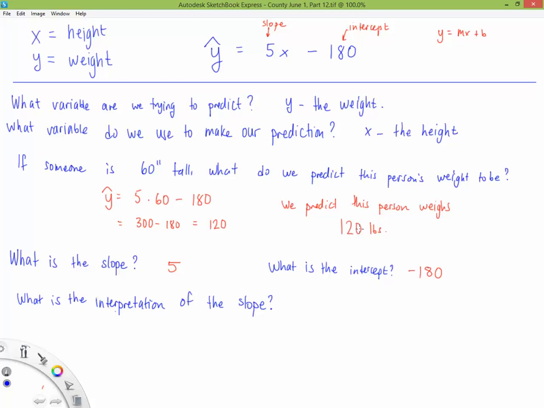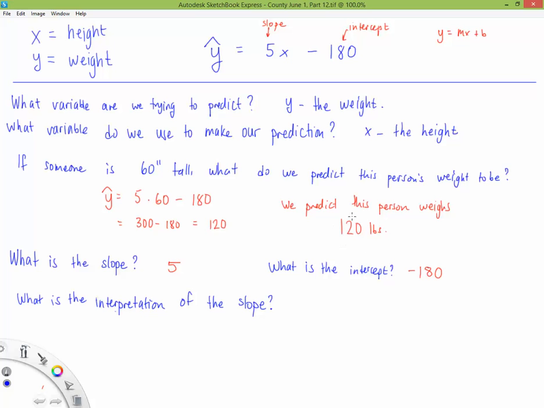So somebody is 60 inches tall, and we predicted this person's weight to be 120 pounds. If somebody else comes along and is 61 inches tall, what do we predict that person's weight to be? 125. Let's say somebody comes in 70 inches tall, which is 10 inches taller than 60 inches. How much do we predict this person to weigh? 170.